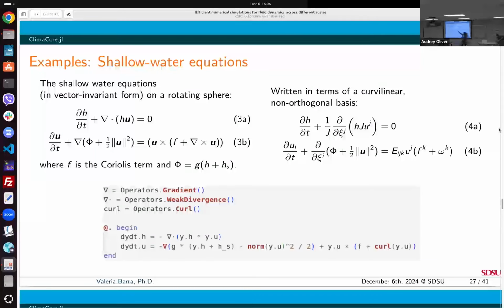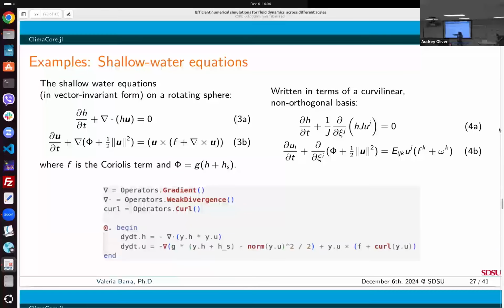Here's an example of the shallow water equation on a rotating sphere, in vector invariant form. On the left, you see it on a regular grid. On the right, you see it on a curvilinear or orthogonal basis, so you have all of these covariant terms that pop up. In our code, this is how it looks. You have two equations. The first one is continuity of mass: dy dt for h is the divergence of h times u.